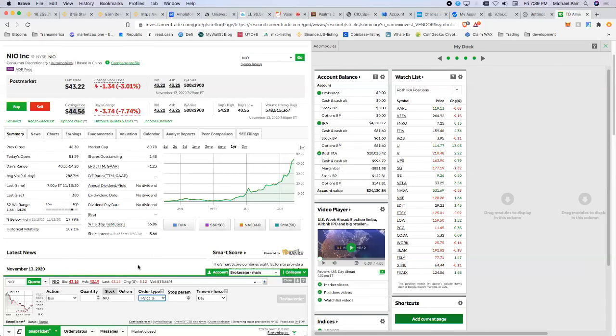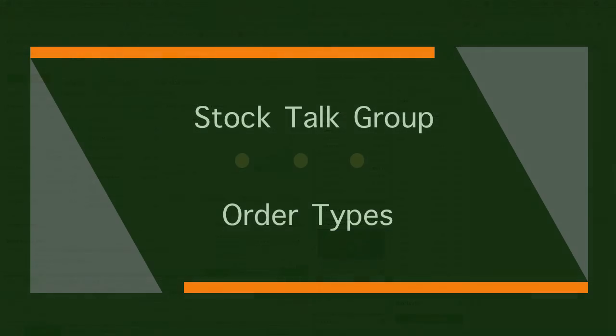If it's lower than what your stop is, it's going to automatically turn into a market order, and it's going to get filled probably in the first few minutes of the trading session. So that's one thing to be mindful of when you have stops on. Sometimes you can get stopped out of something only to see it shoot down in the first few minutes, first couple hours or whatever of a trade. And sometimes it reverses and goes up. So just be mindful that can happen. So those are order types.